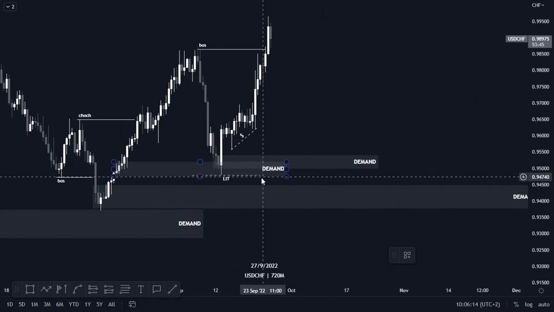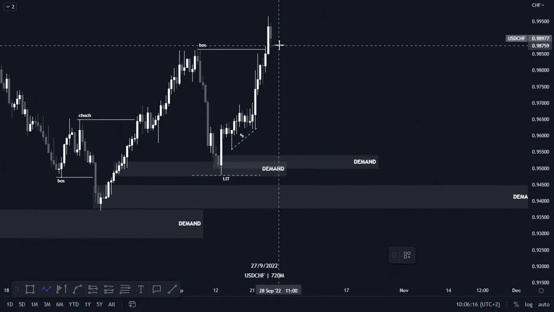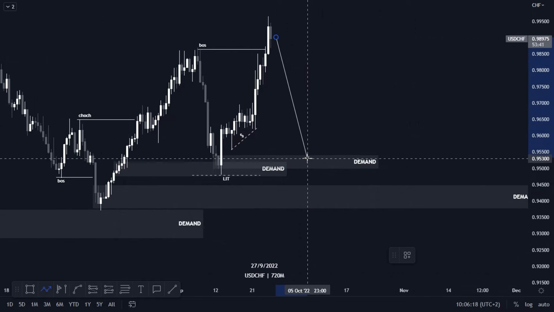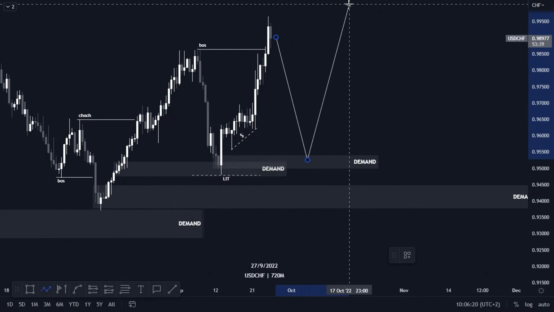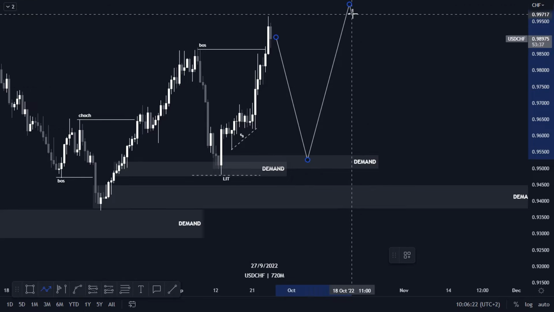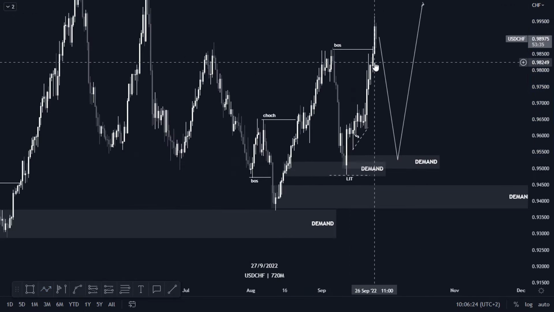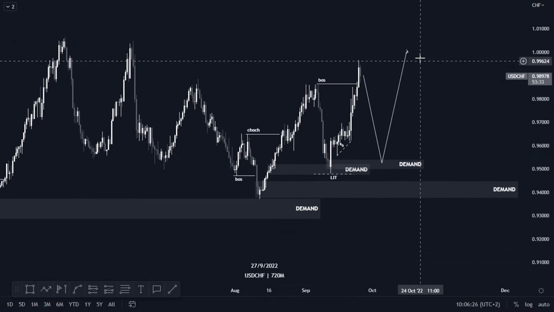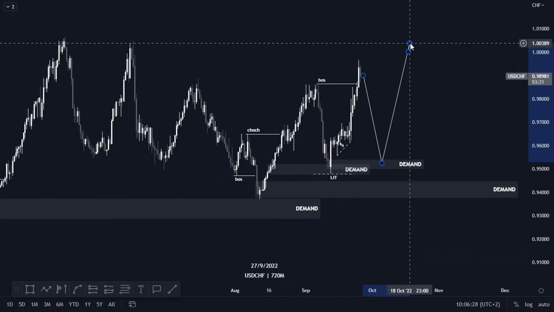So I will be expecting USD CHF to push to the downside, mitigating the demand level, pushing to the upside, and continuing with our trend on the monthly chart.